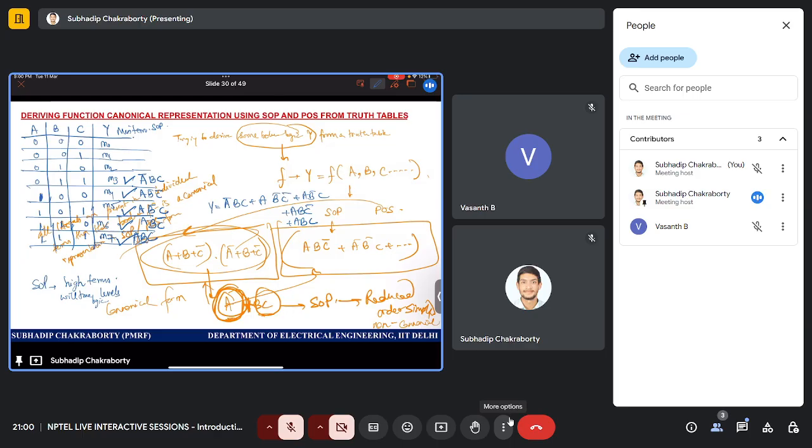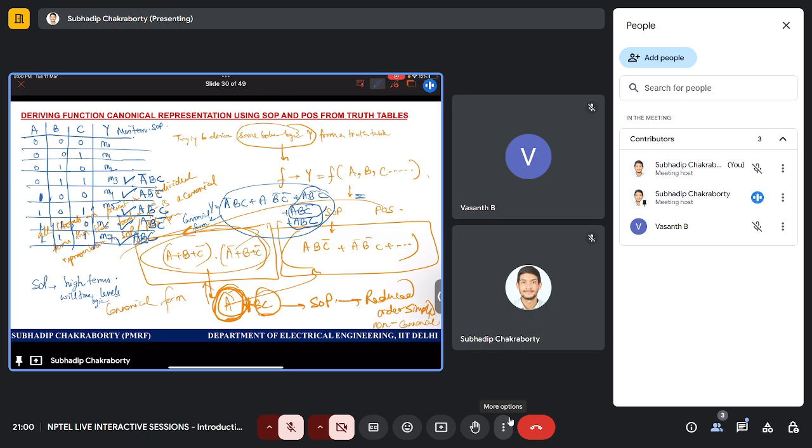Now if you try to simplify, then up to this it is a canonical form. But once you try to simplify, it will go to non-canonical form. Why I write this as non-canonical form, I will just make you see that you can simplify, maybe by taking AB common.